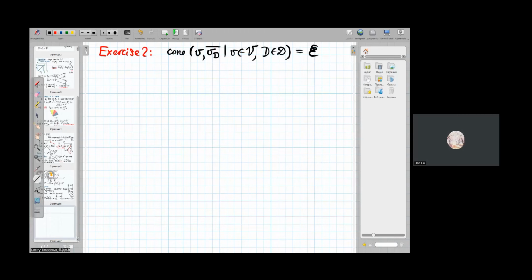Well, this means on the picture, let me draw for you. This is the valuation cone.